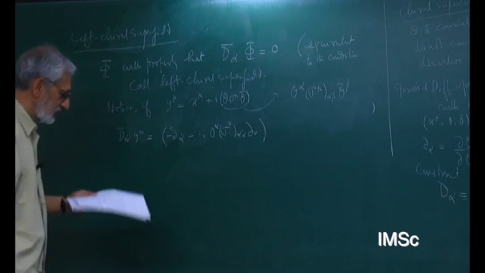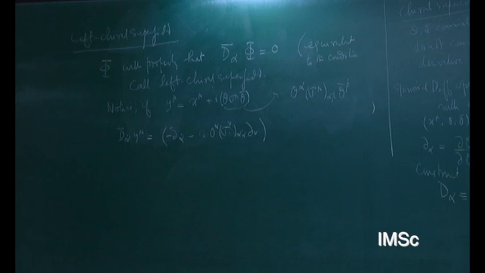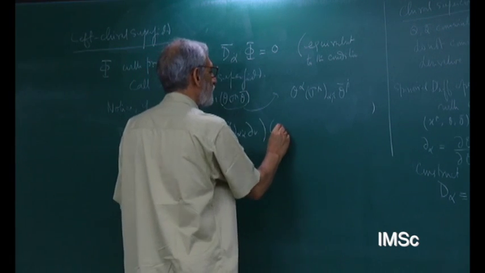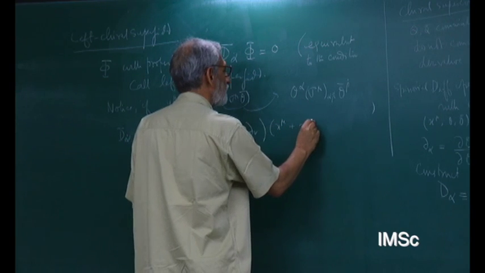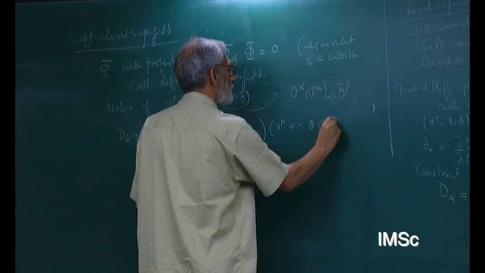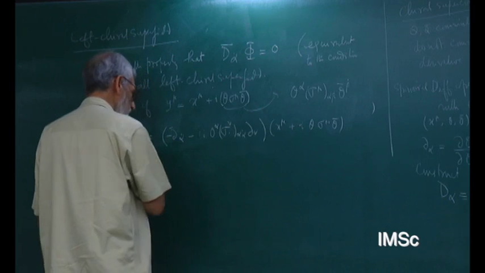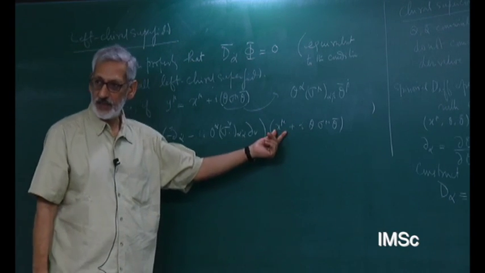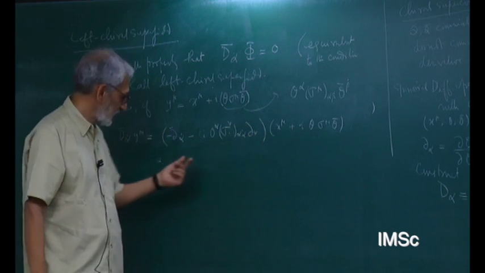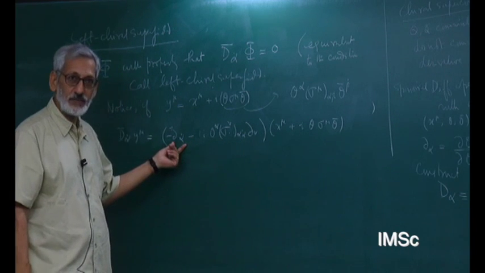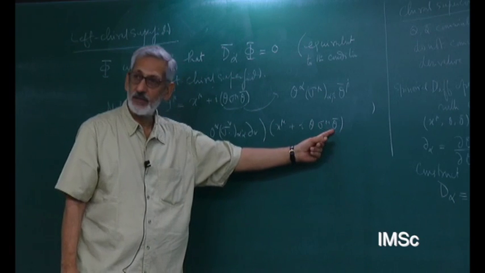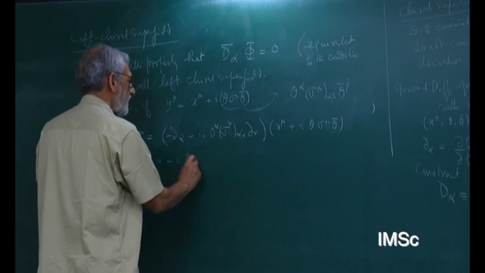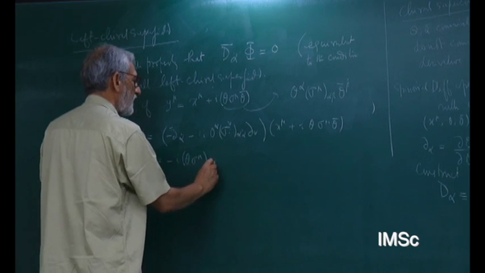Now the spinor derivative acting on this doesn't give us anything. This is a theta bar derivative, and theta bar is here, so that gives me minus i theta sigma mu.